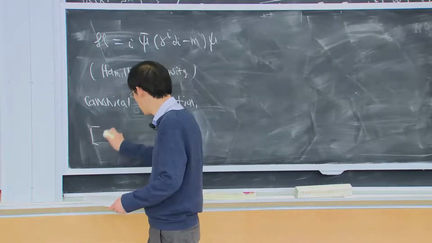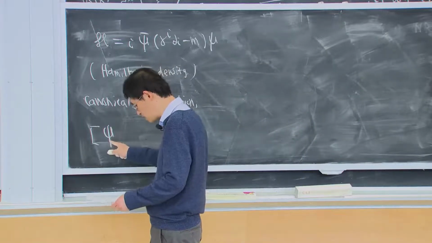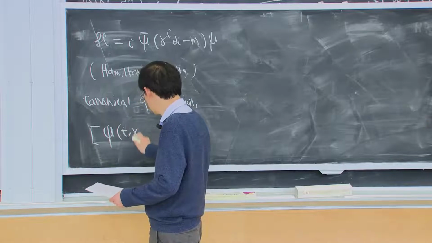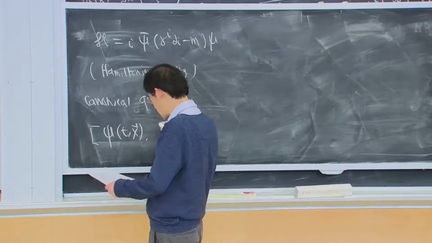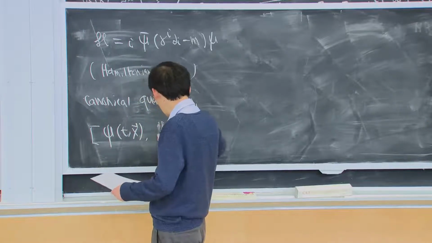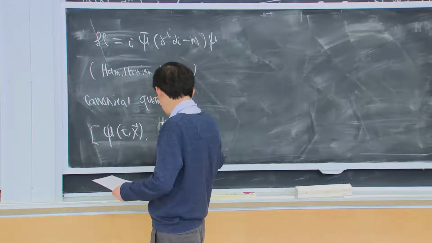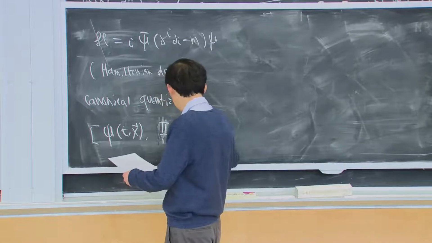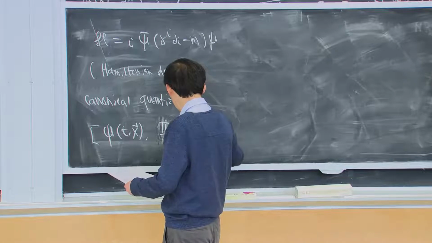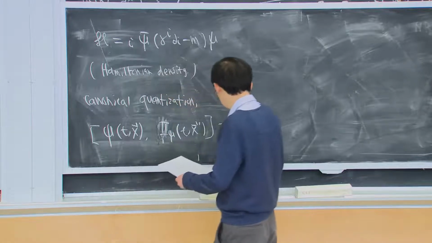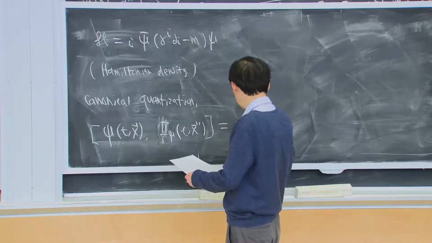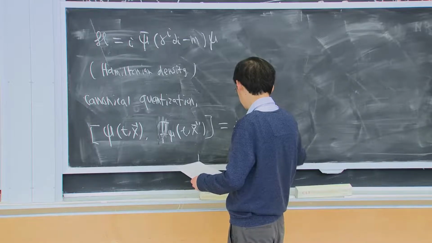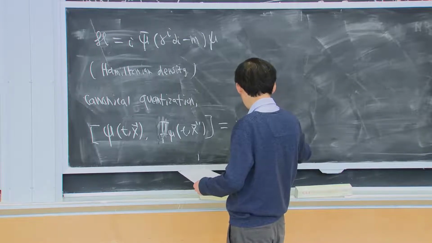So now psi becomes the coordinate. And now we have psi dagger, which is i psi, the momentum. By definition, this should give you the delta function, the equal time correlation function.